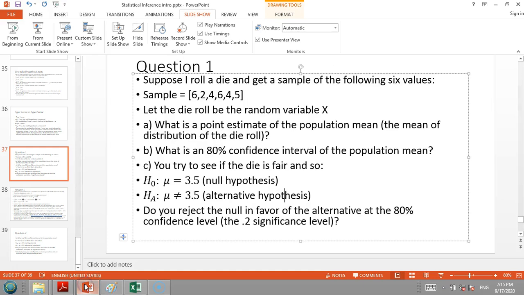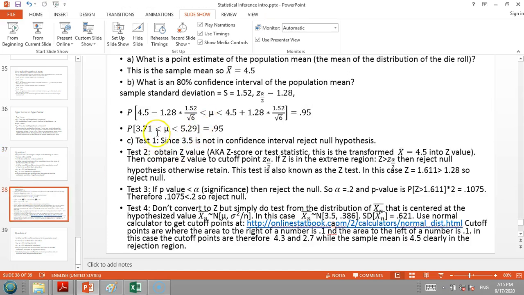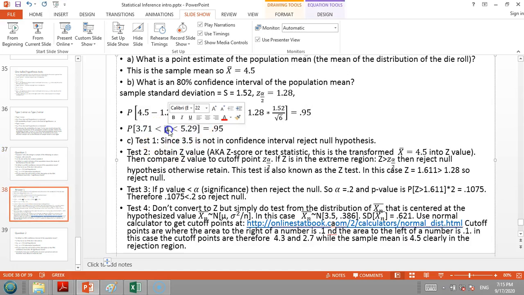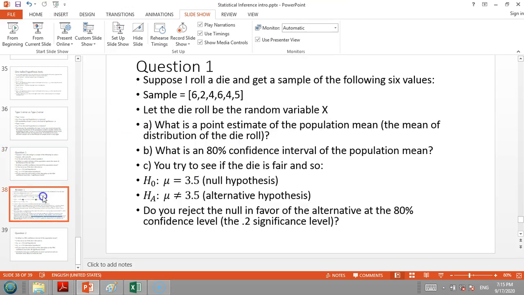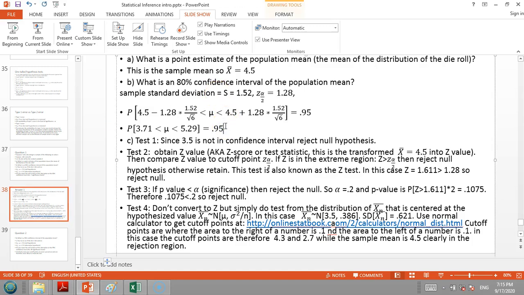Okay. So moving on, and lastly, if you remember our confidence interval, wait a minute here. The confidence interval should be 0.8, not 0.95. It should be 0.80 for 80% confidence. And lastly, the last test is just to see, is 3.5 in the confidence interval?